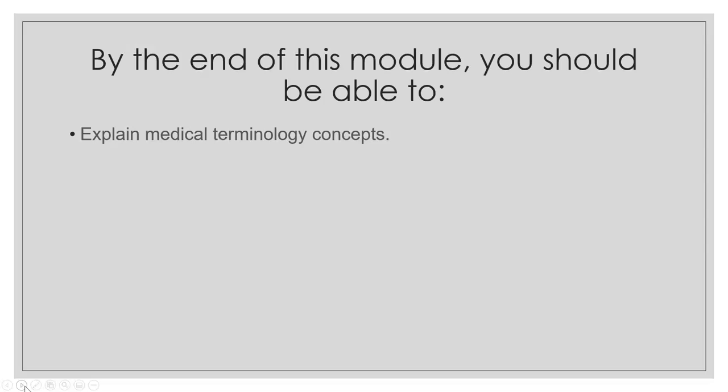Be able to look at those and identify what that medical term actually means and how it is going to be used in the realm of what I do as a medical assistant. It's important for you to not only know what medical terms are, but know how to write them and read them as well as say them. Because when we're charting, we're not charting using everyday terminology. We are trying to use those medical terms.